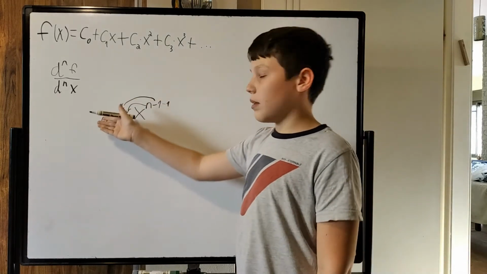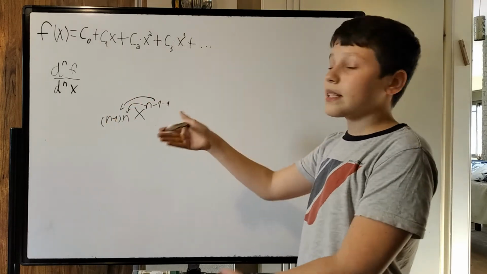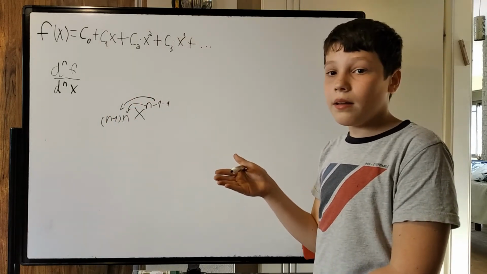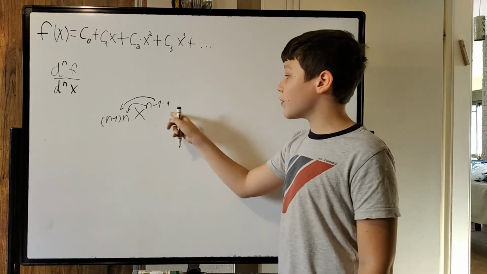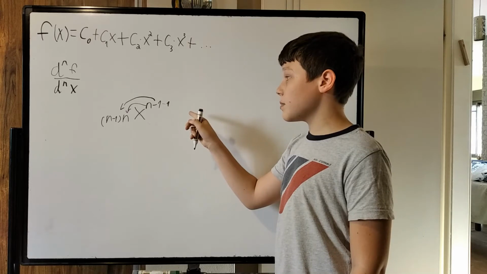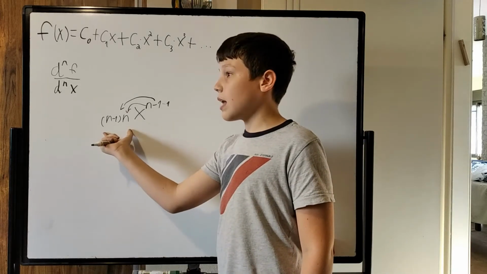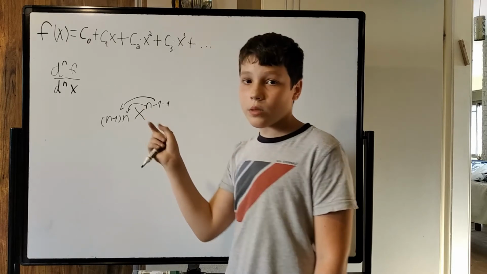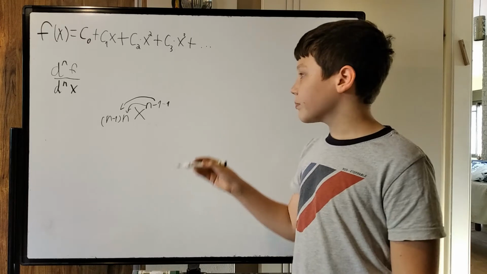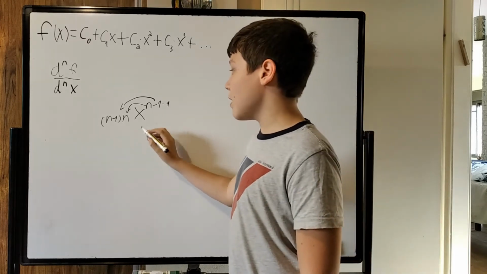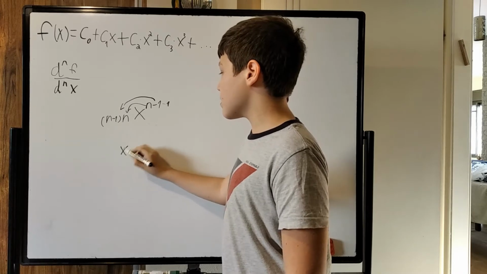Then with another derivative, n minus 2 times n minus 1 times n times x to the n minus 3. Notice that at the kth derivative, we're subtracting 1 from the exponent k times, and we have k terms on the outside: n times n minus 1 times n minus 2 all the way up to n minus k plus 1. So if k is equal to n, at the nth derivative, we'll have x to the n minus n.